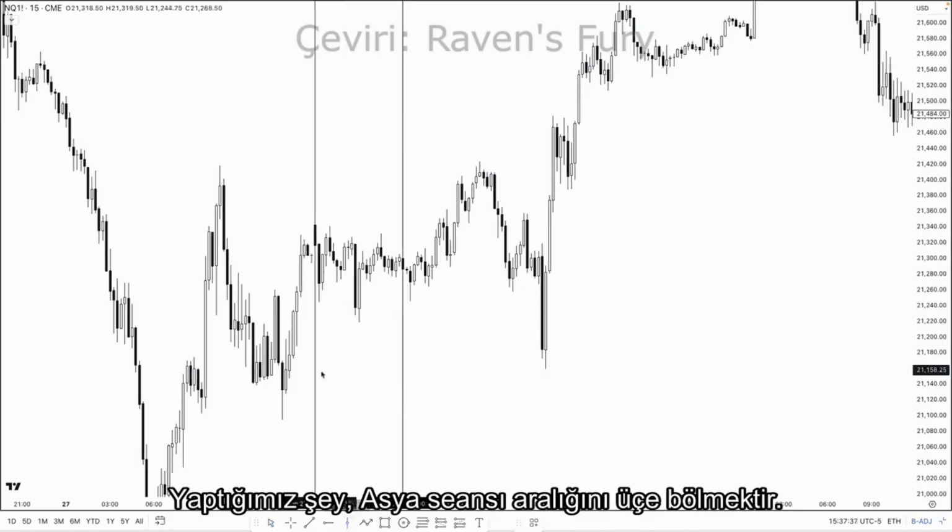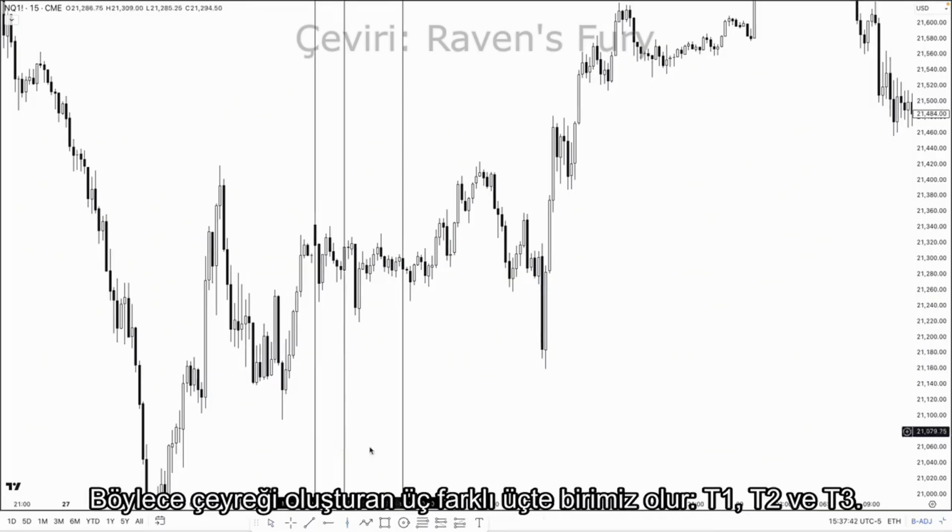What we do is we split this Asia session range into three. So we then have three different thirds, T1, T2, and T3, that make up the quarter.